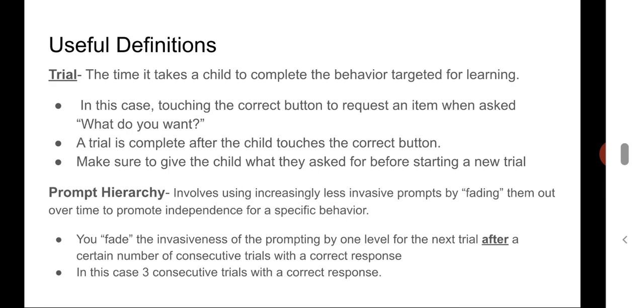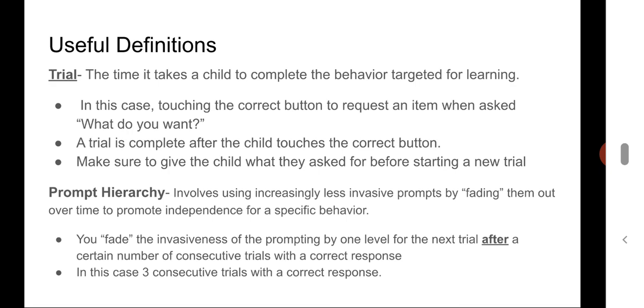The next definition that we're going to talk about is a prompt hierarchy. A prompt hierarchy involves using increasingly less invasive prompts by fading those prompts out over time to promote independence for a specific behavior. Basically, you fade the invasiveness of the prompting by one level for the next trial after a certain number of consecutive trials with a correct response.